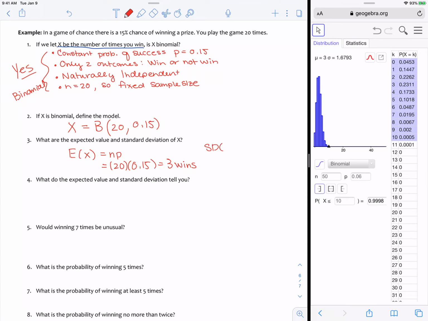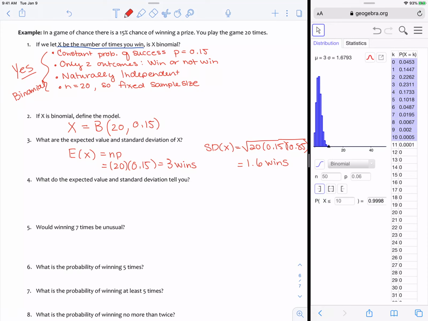And the standard deviation is going to be equal to the square root of npq. So 20 times 0.15 times 0.85, q being the probability of failure, 1 minus the probability of success. Okay, and then that is going to come to 1.6 to 1 decimal place, and these are also in terms of our variable, which was wins.